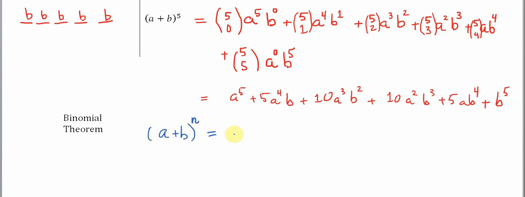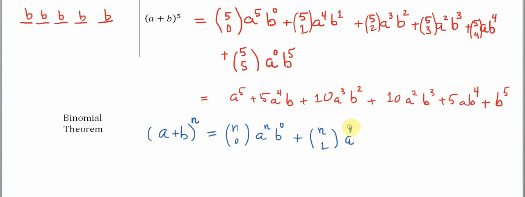Okay, so if this is the case, then you can see the logic follows as this: n choose 0 times the first term to the nth, the second letter here to the 0th. Then as we continue to build, it becomes n choose 1, right?